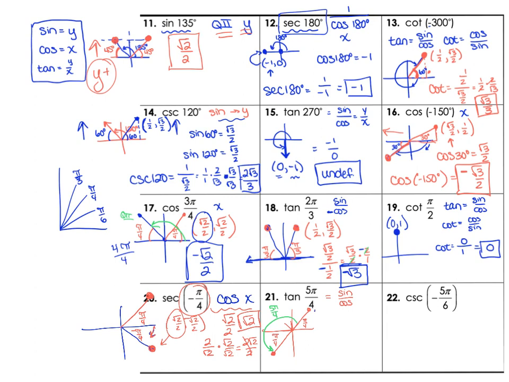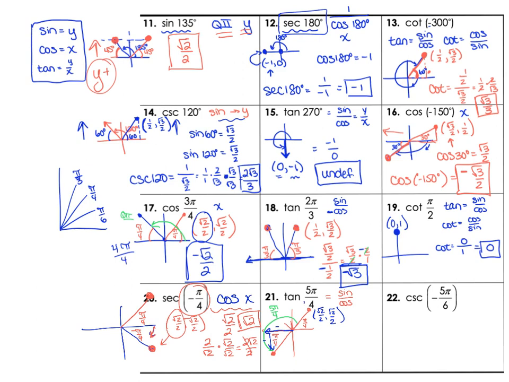The coordinates for pi over 4, again, square root of 2 over 2, square root of 2 over 2. So for 5 pi over 4, though, both of those are going to be negative. We've gone to the left, so our x is negative, and we've gone down, so our y is also negative.